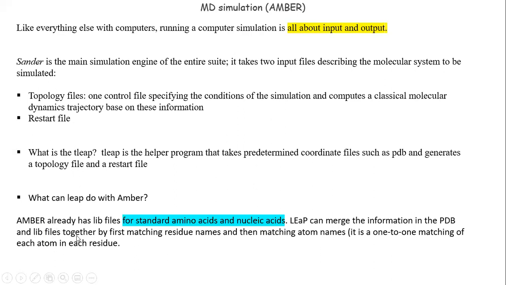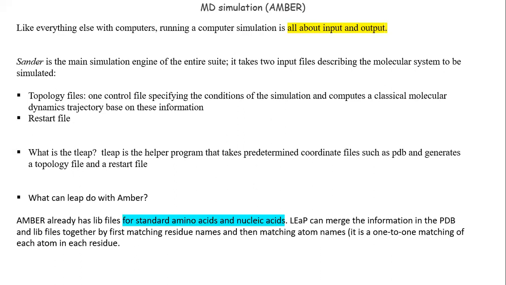These two should be compatible, with matching residue names.